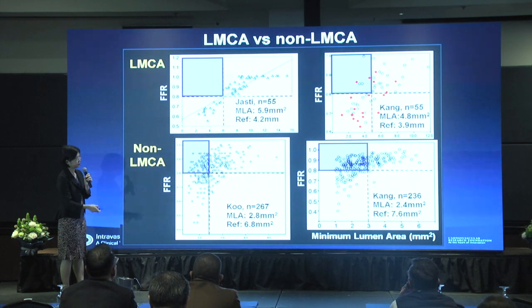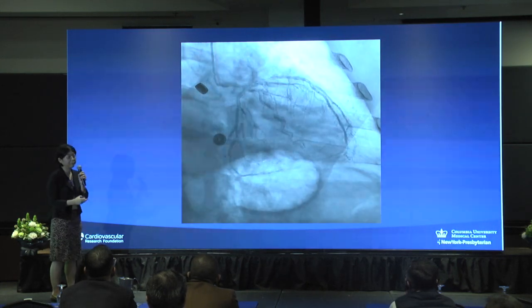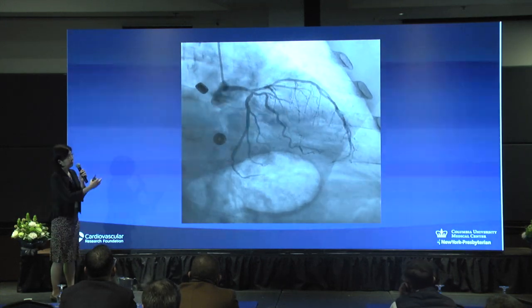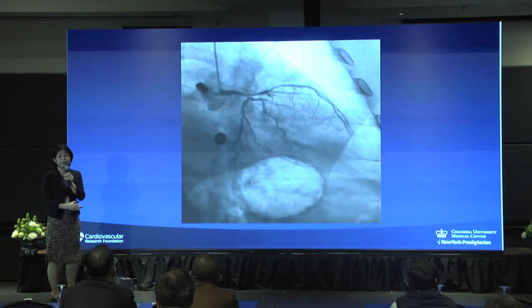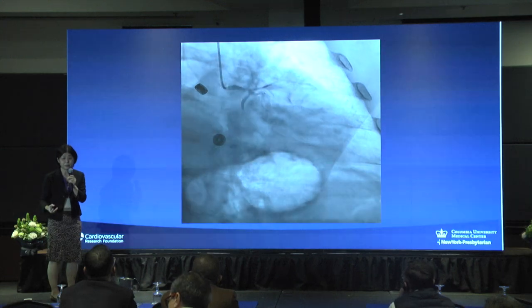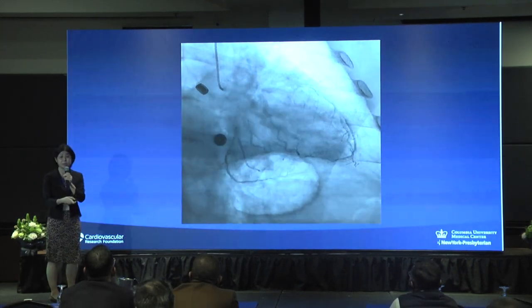Next case. So this is the case of a patient having syncope, which happened very recently. So when we look into this angio, we thought distal left main was hazy, and also the caliber is small, so we have to take care of what's happening. But angio cannot tell us too much.